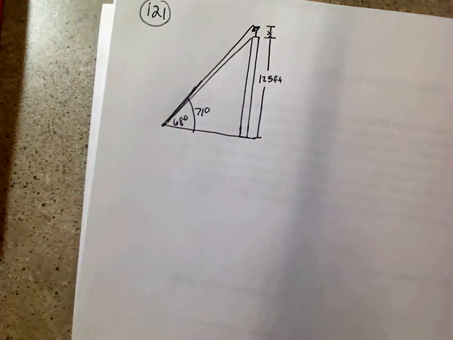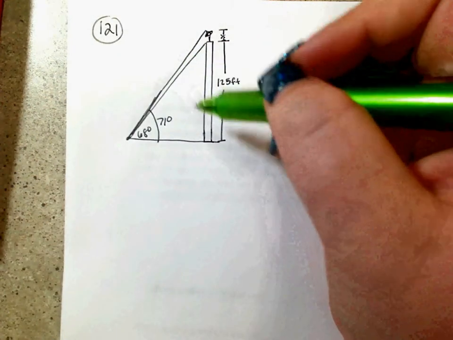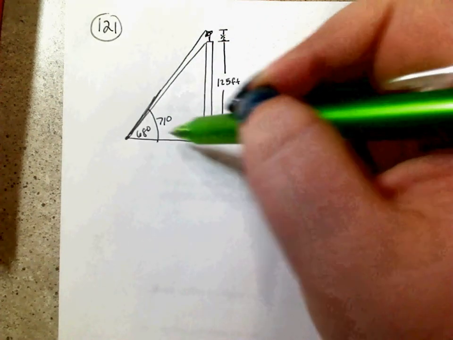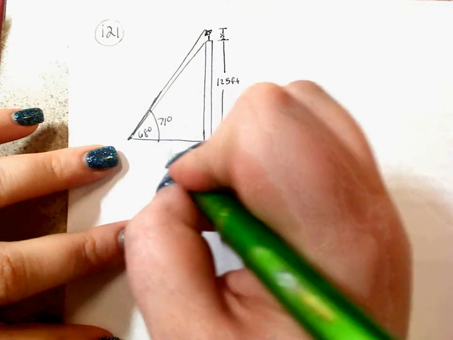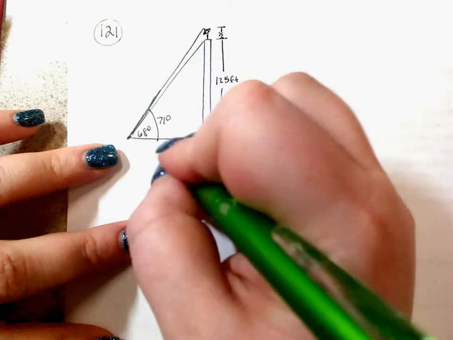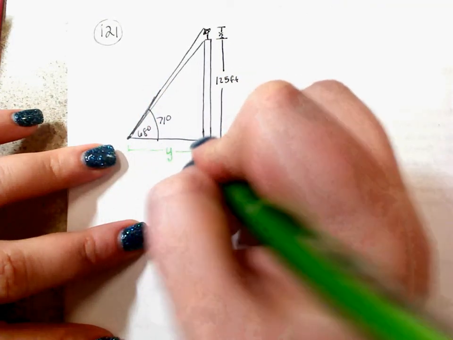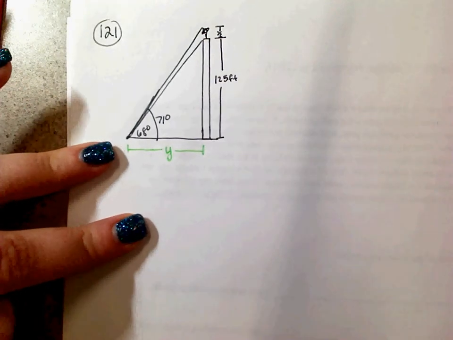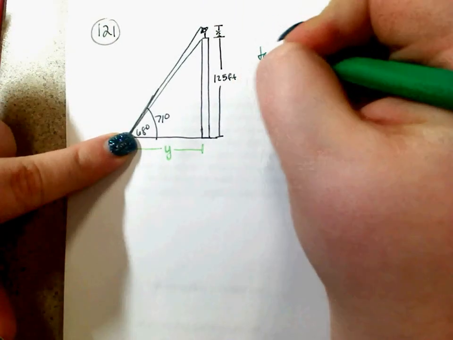I've got opposite. I don't know hypotenuse. I don't want to do hypotenuse because they're different for each triangle, but I do know that the adjacent is the same. So I'm gonna let this be y, and the goal is to solve for x, right? I don't need y. I'm just using it as a means to the end. So what I know is that tangent of the smaller angle, 68 degrees, equals 125 over y.